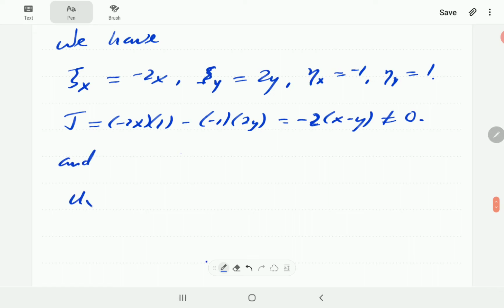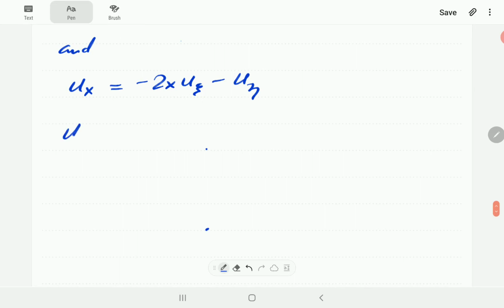Then we can now start to work out the derivative transformations. So ux is going to be u xi times xi x. It's going to be minus 2x u xi. And then the other one is going to be minus 1 u eta.